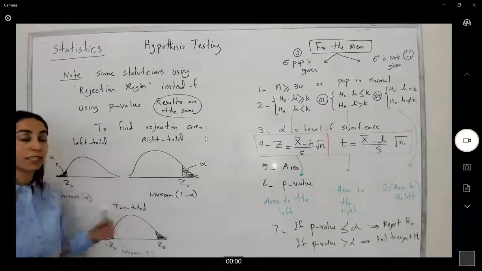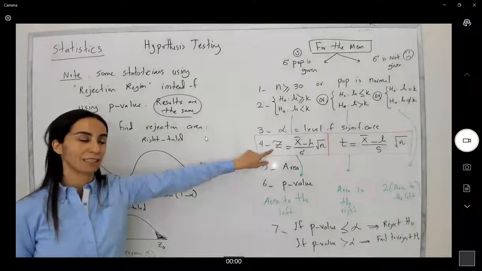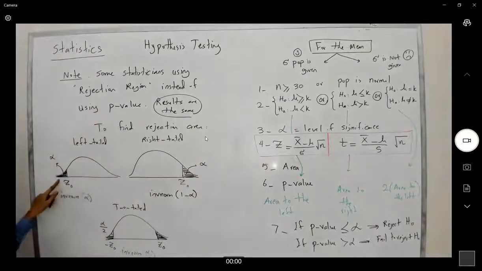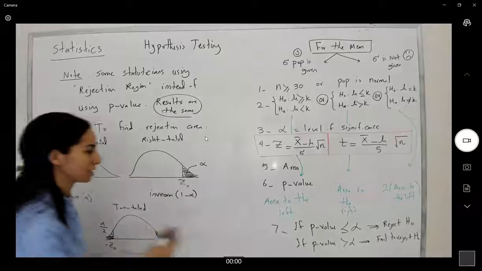Then you say that if the standardized test statistic is in the rejection region, we reject the null hypothesis.